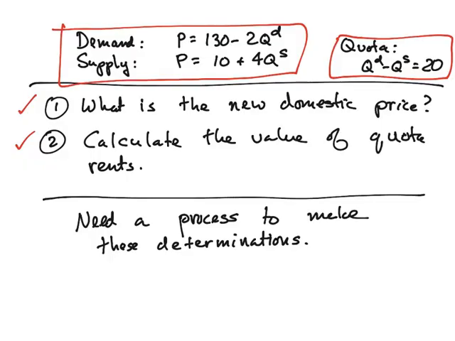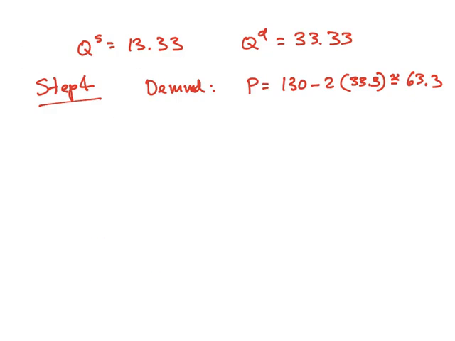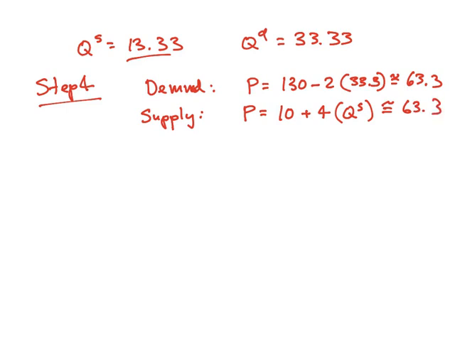Again, that demand curve goes back to this right here. Now, just to be sure that everything's working out okay, let's make sure that the implied price on the supply side is also 63.3. So we got price equal to 10 plus 4 times QS. QS is 13.3, and it is also 63.3.